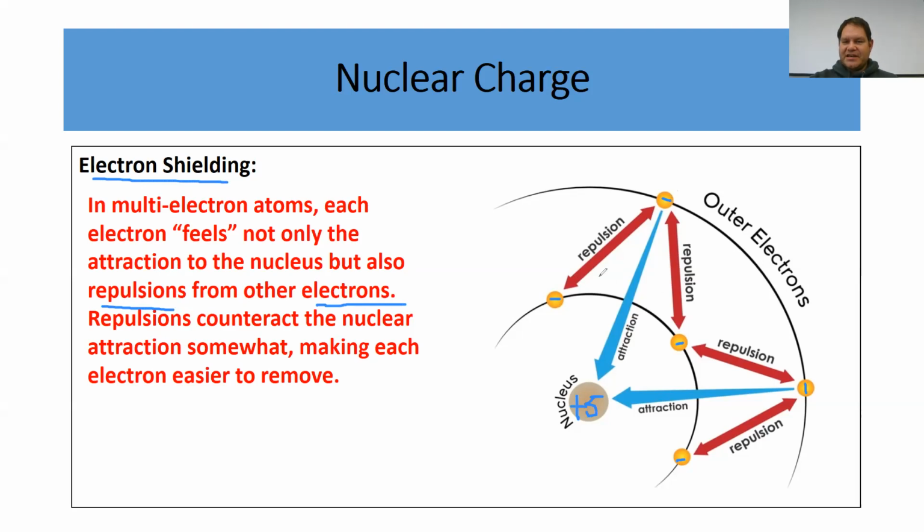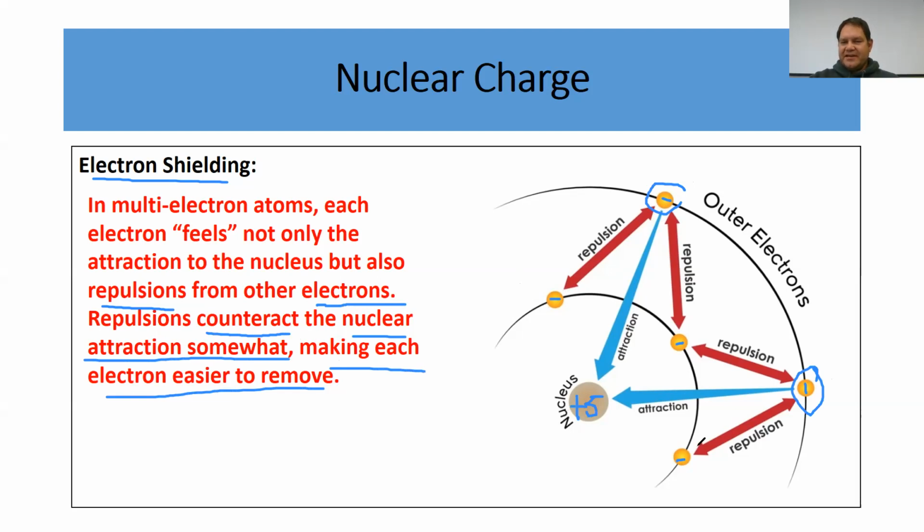We've got attractions and repulsions on these valence electrons here, okay? Now, repulsions counteract the nuclear attraction somewhat, making it easier for the electrons in the valence shells to be removed. So what we're saying is that these electrons in the core act as kind of a shield, and they shield the valence electrons from the nucleus.